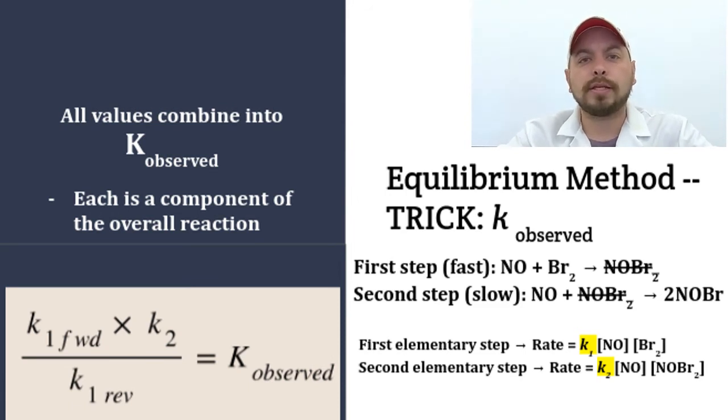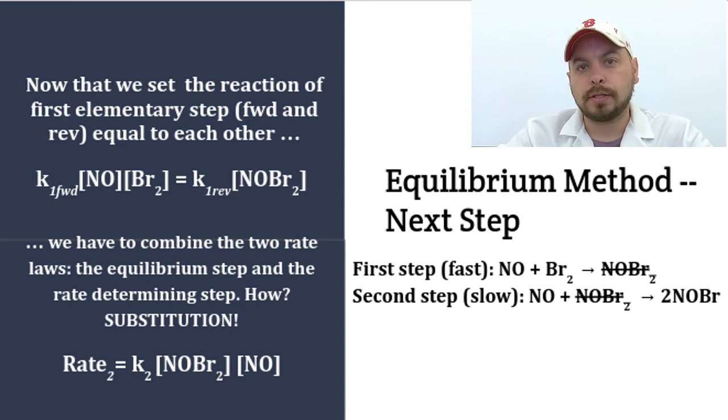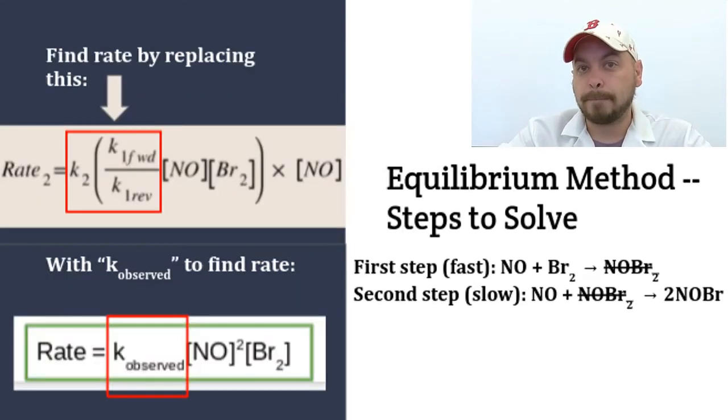So when I look at the overall mechanism's rate law, I have determined it by first setting the rates of the first elementary step, forward and reverse, equal to each other, substituting into the rate law of the second elementary step, which is the rate determining step in this case, and then finding the rate.